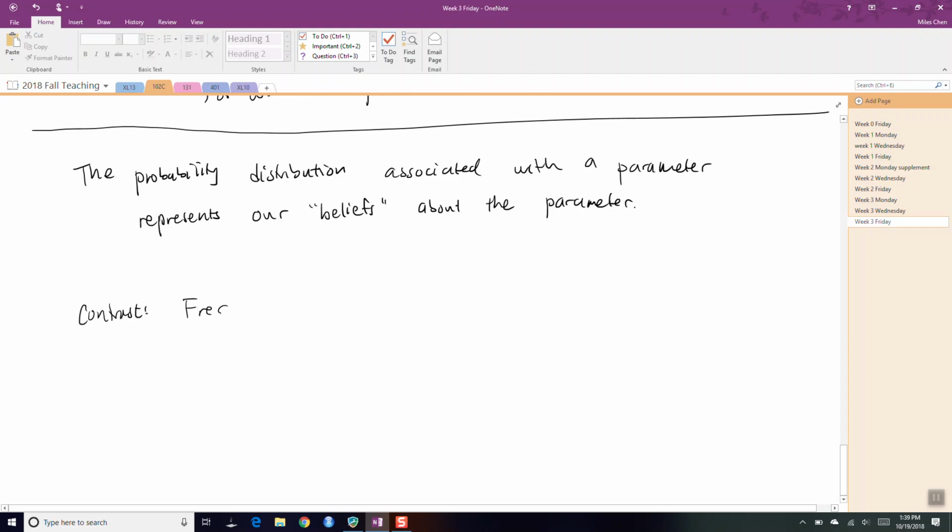So frequentist statistics. Do you guys remember maximum likelihood estimation?